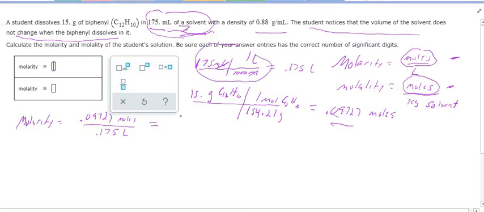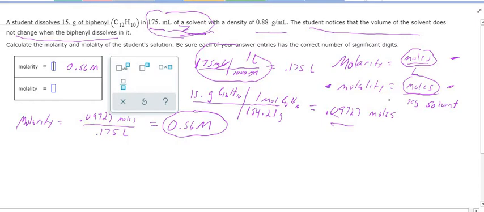When I do that math for my molarity, I get 0.56 molar. And so I solved for molarity. So in here I'm going to write 0.56 molar.